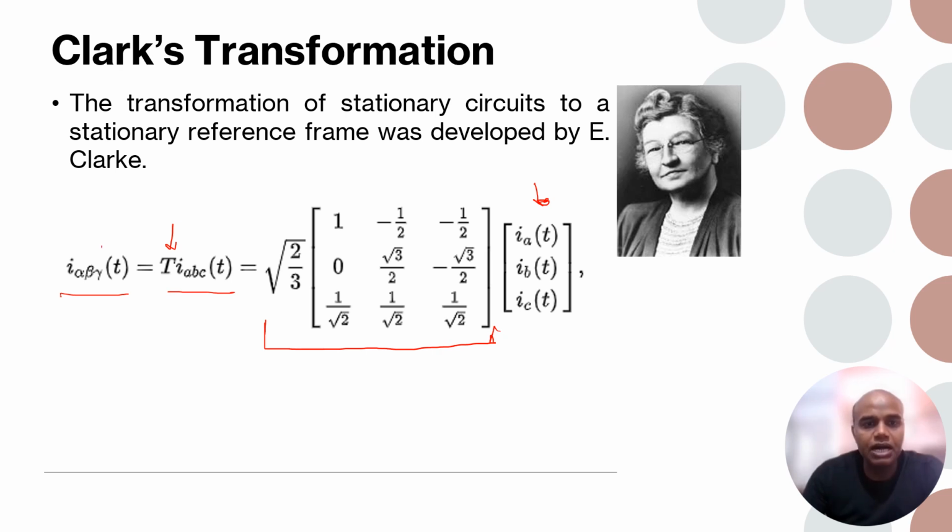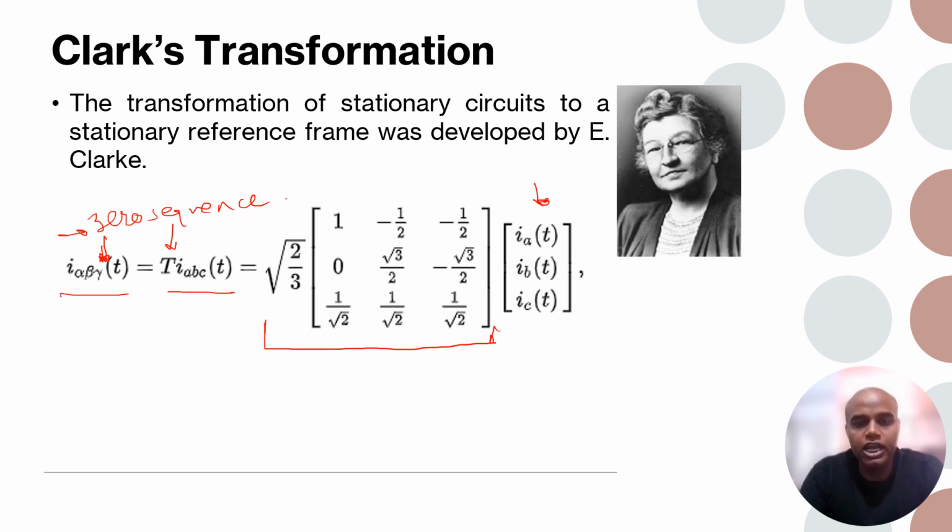Here gamma is nothing but a zero sequence component. We will see why the zero sequence component has been considered here, because we only require alpha and beta. So why is the zero sequence component being included? We'll discuss this while doing the derivation.